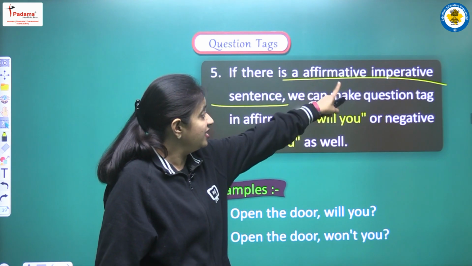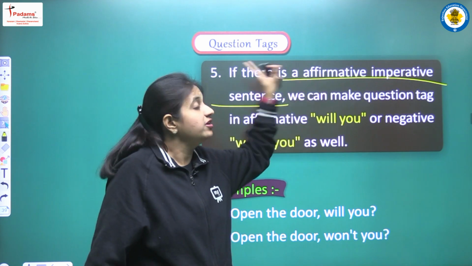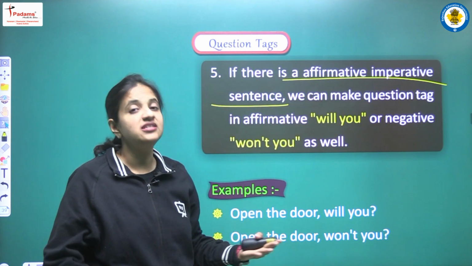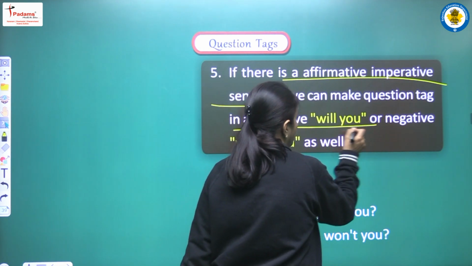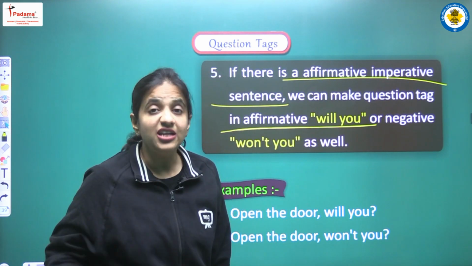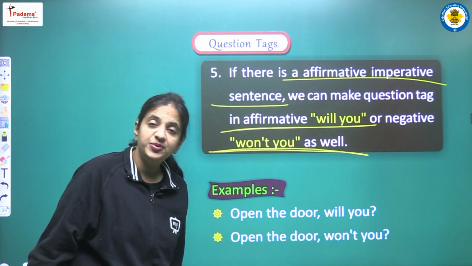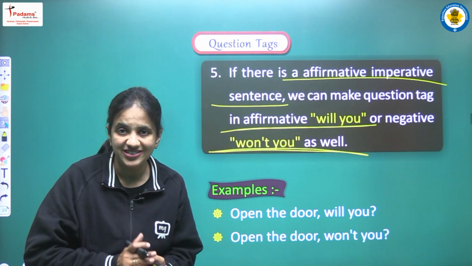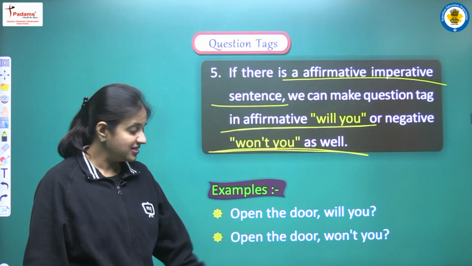If the imperative sentence is affirmative, be careful here, we are talking about an affirmative imperative sentence, or we can say a positive imperative sentence, then we are having two options. We can make an affirmative positive question tag like will you, and we can make a negative question tag also, that is won't you. So both the options are absolutely okay if we are having a positive imperative sentence. Clear? Let's see the examples right here.